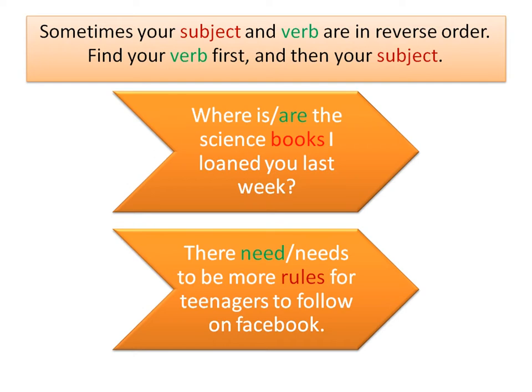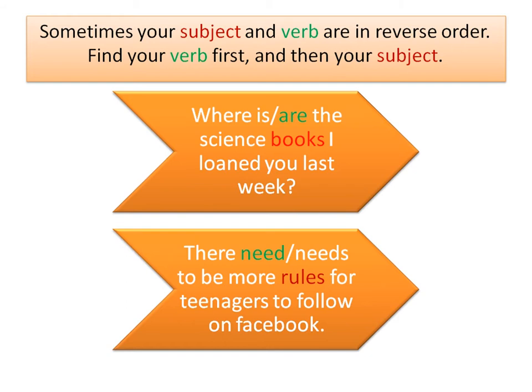If we're asking ourselves what the subject is, we have to ask what is or are somewhere. It's the books. Okay? The books either are or are not on the shelf or on the table. So here we identify books as a they on our chart, and we know that they takes the word are rather than is. Let's look at another one.